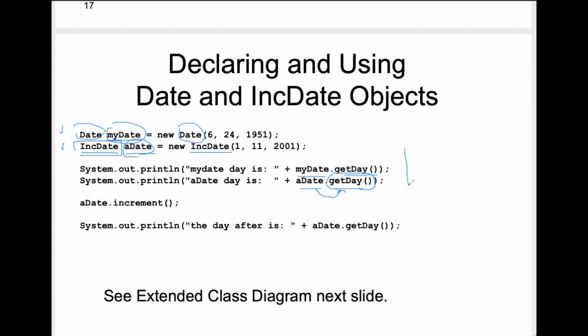Well, if you don't have this inheritance paradigm or principle in OOP, if OOP does not allow you to inherit one from the other, then what you basically have is a lot of duplicate code. For example, this getDay implementation would have to be available inside the IncDate, but because you're inheriting the structures at runtime, and if you've taken C++ before, this relationship is made available through a virtual table, this memory function table at runtime.